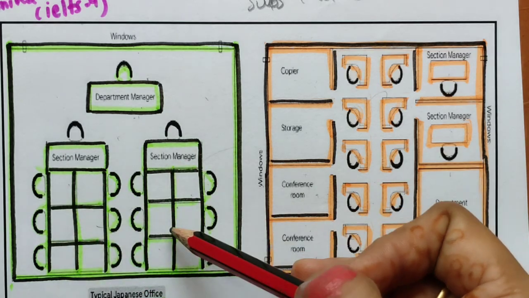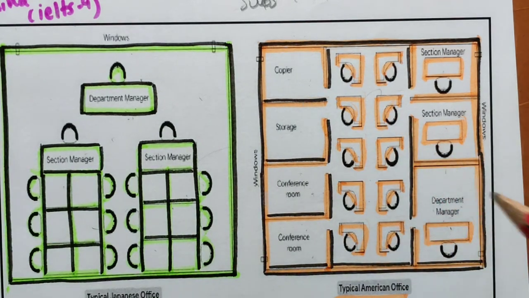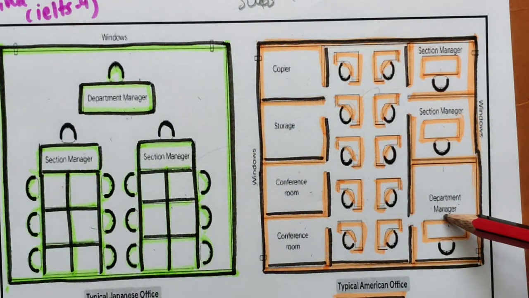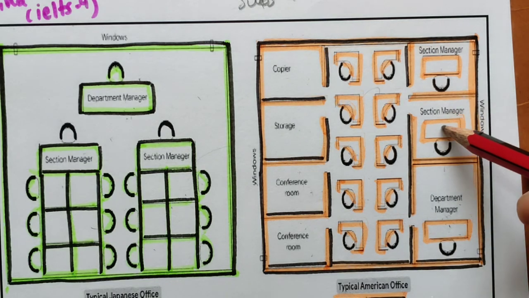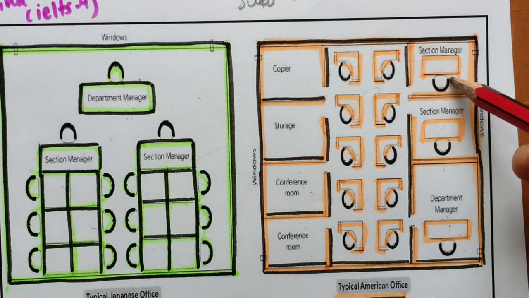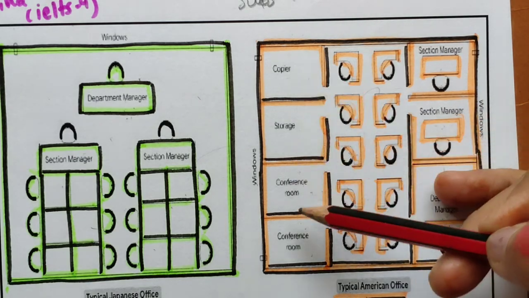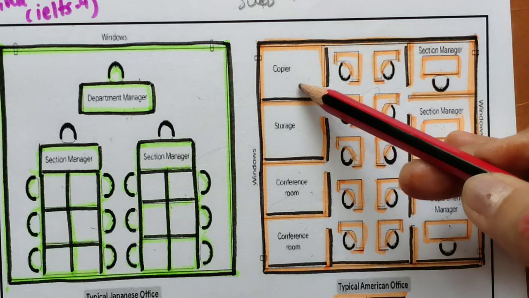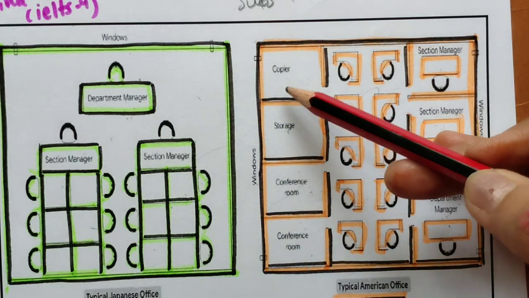Here also he is looking at 6 employees, and this person is looking at all the people here, but something is different. The department manager is sitting at the end, and here, joining, there are 2 sections, 2 cabins, in fact, for the section managers, and towards the left side of the office room there are 4 different storage units.